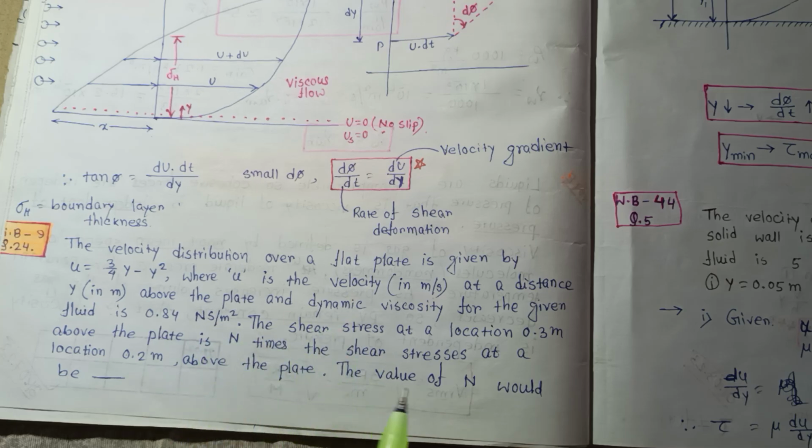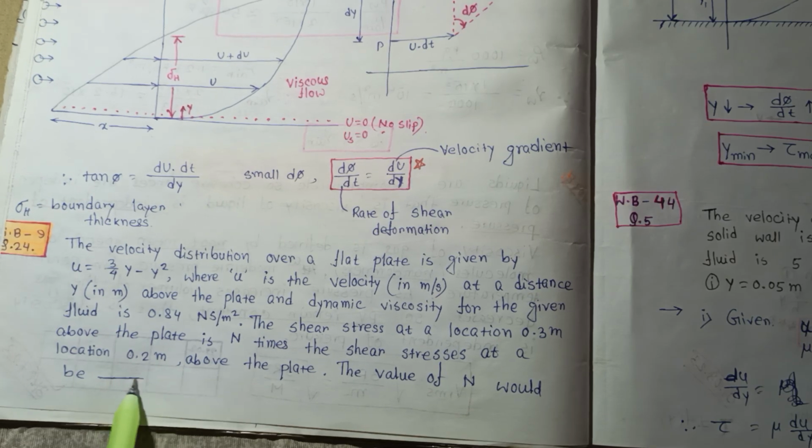The shear stress at a location 0.3 meter above the plate is n times the shear stress at a location 0.2 meter above the plate. You have to calculate the value of n.